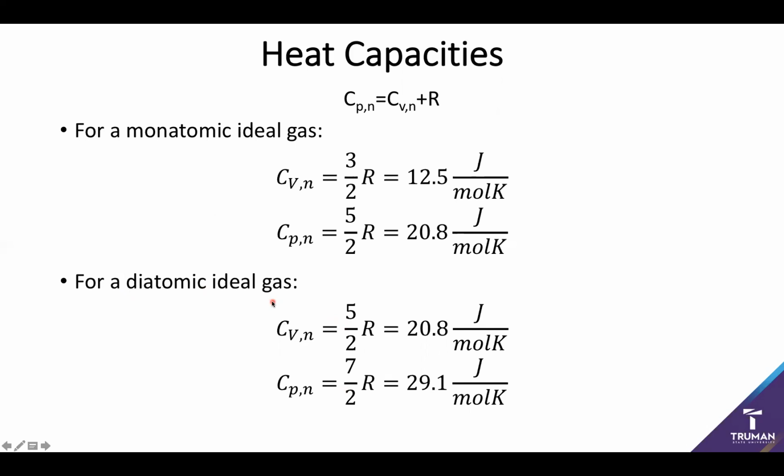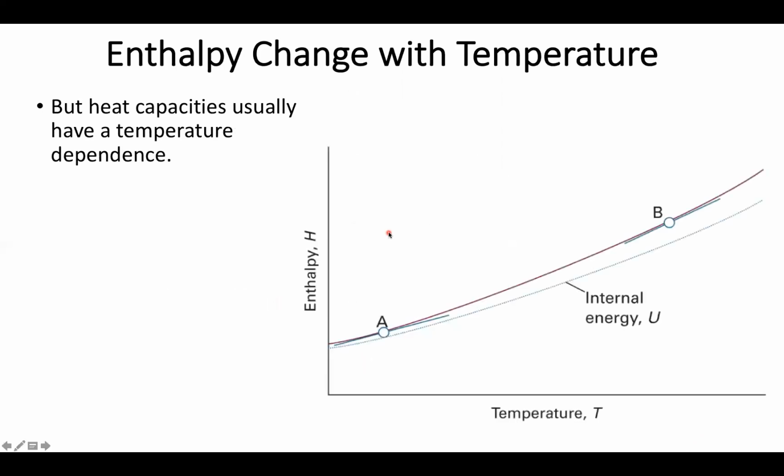And this is where we start running into issues, because it turns out that most systems aren't quite so ideal. We have to deal with the fact that most heat capacities aren't going to follow these simple relationships. One of the most important things we're going to run into is that most of our heat capacities are usually going to have a temperature dependence. We can see this with things such as the internal energy.